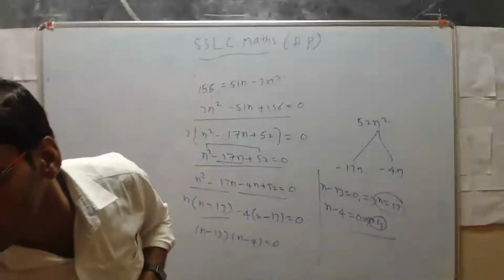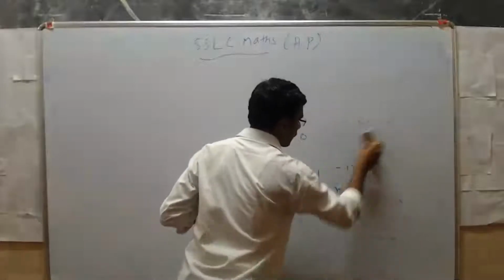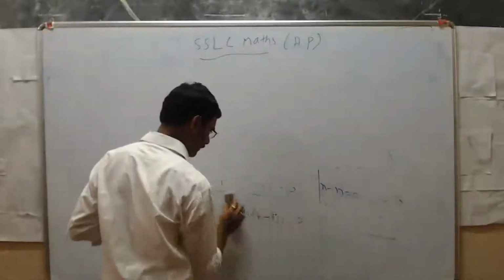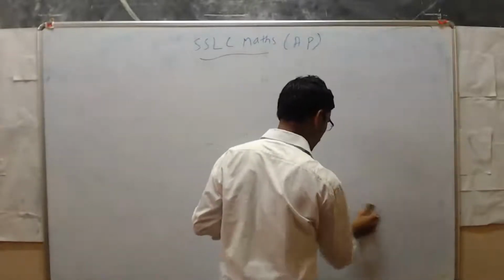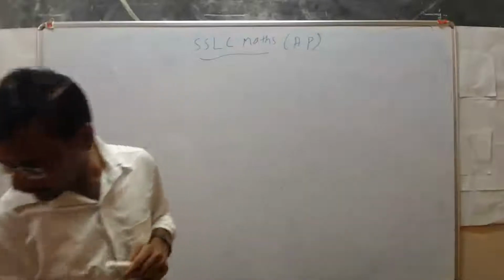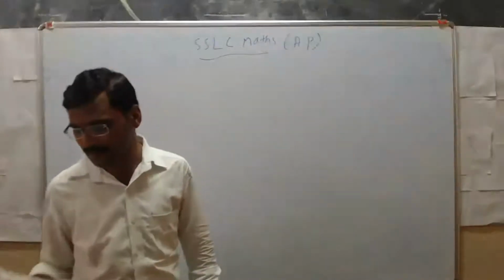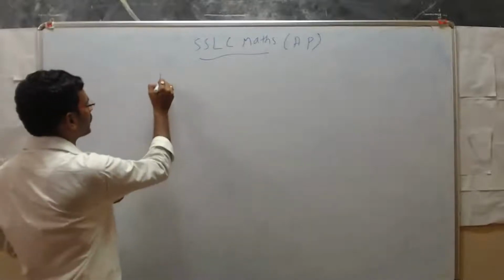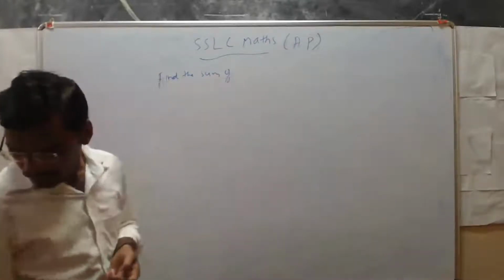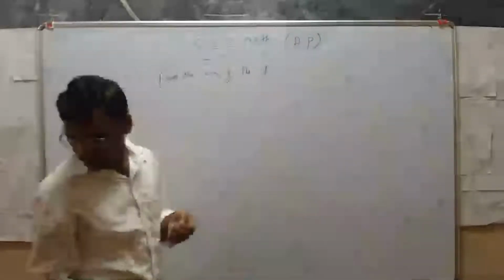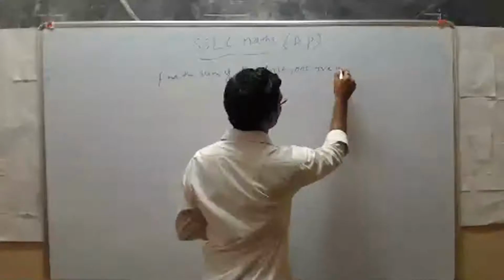Okay. Next problem. Next example, find the sum of the first 1000 positive integers.